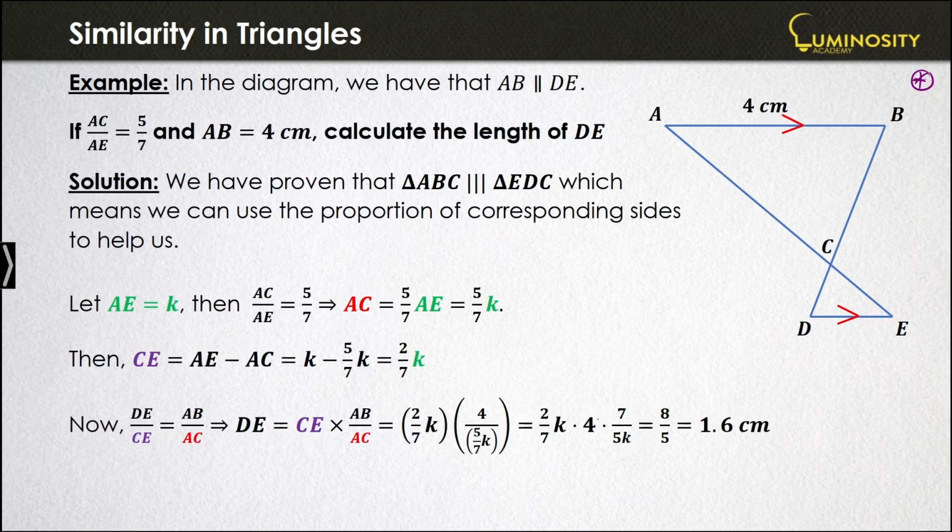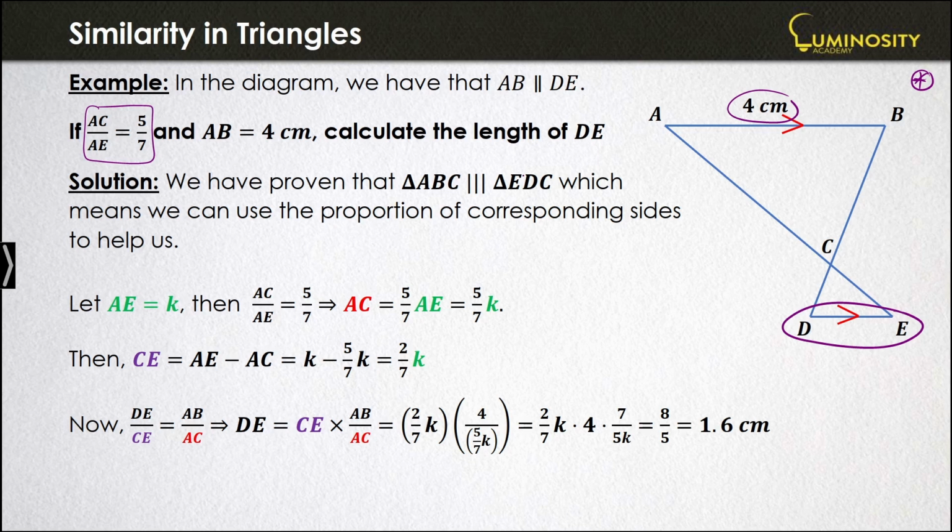Lastly, we know that the length of AB is 4 centimeters, and we're given another piece of information: the ratio AC over AE is 5 over 7. We want to calculate the length of DE. Because we've just proven that triangle ABC is similar to triangle EDC, we can use the proportion of corresponding sides to help us.